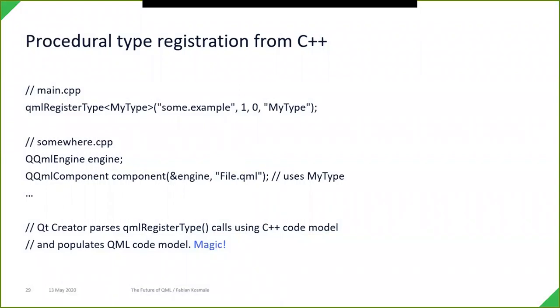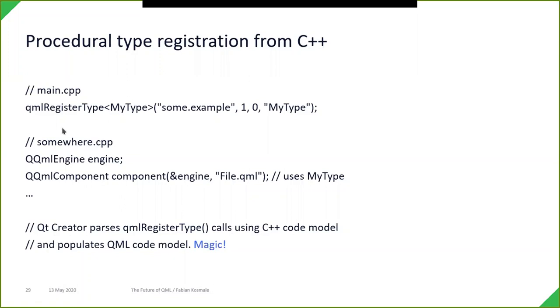So next topic. We already talked about singletons, and there is a whole family of QML register type functions. They are all used to expose C++ objects to the QML engine, and the basic structure is, okay, you have some type like my type, which you want to expose to the engine.